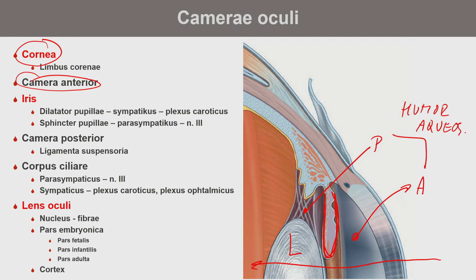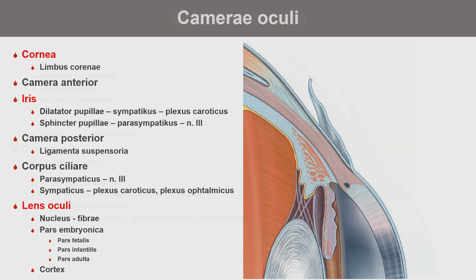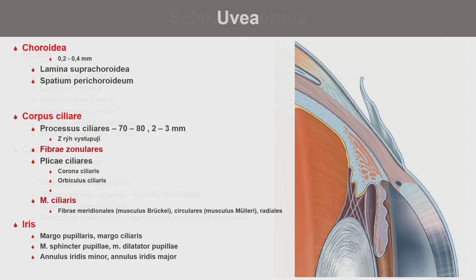And then we have a lens. The last part, which is optic, is the vitreal body. When the light is coming into the eyeball, then it is passing through all optic media, and the light is then coming into the corpus vitreum.